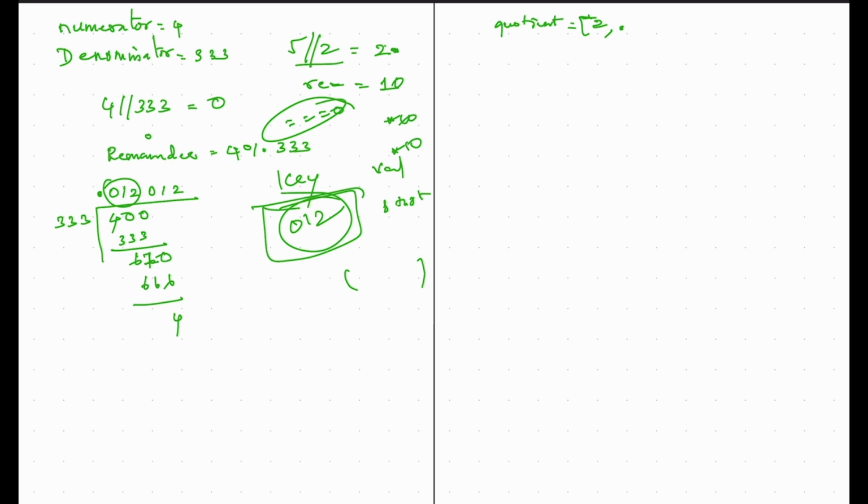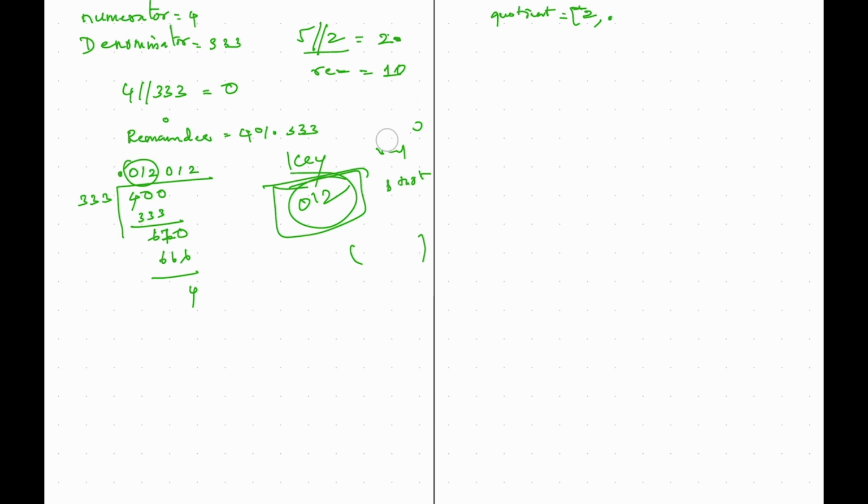Until the remainder equals 0, we keep on doing the same. At the first time we append the dot.